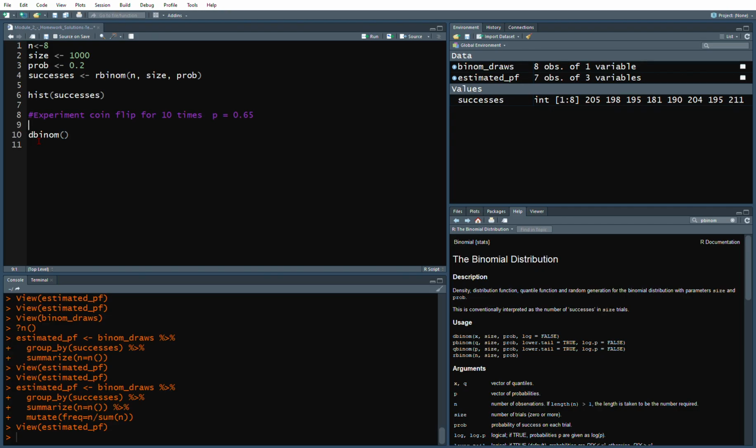Here x is equal to 7, and the size of the trials is 10 flips.